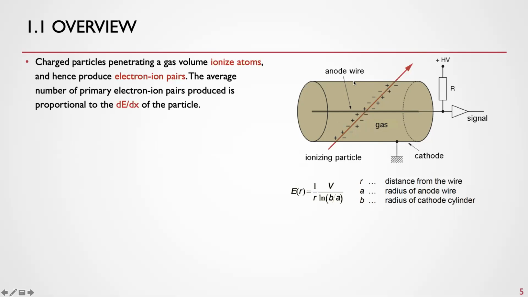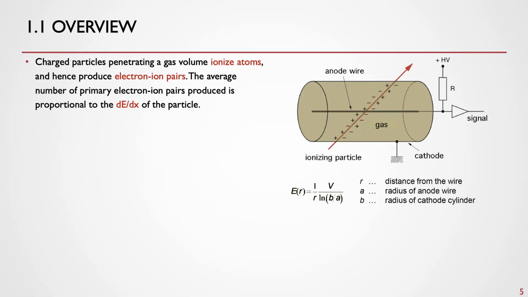Here I put a sketch of a wire detector. So somewhere in the detector will be an anode and somewhere a cathode. The electrons drift to the anode. The ions that are produced in the ionization drift to the cathode.